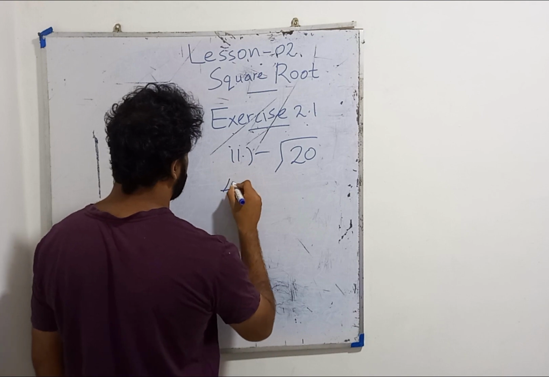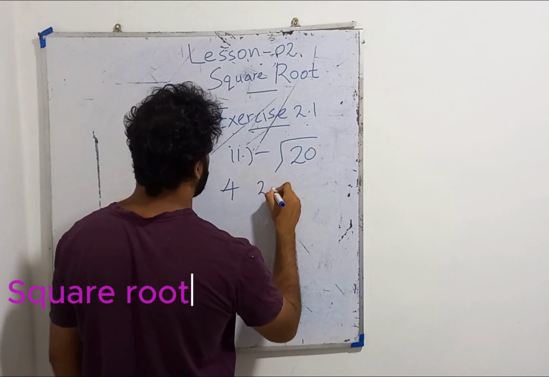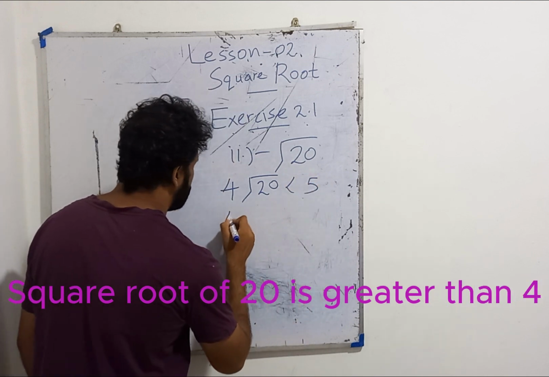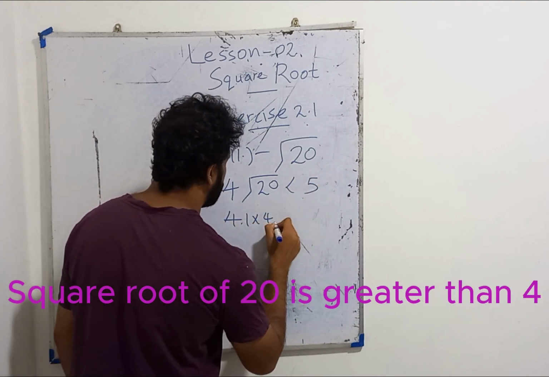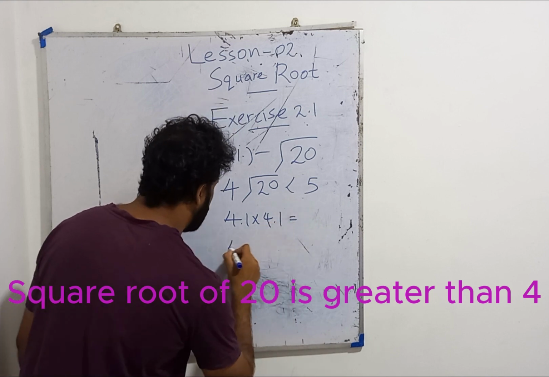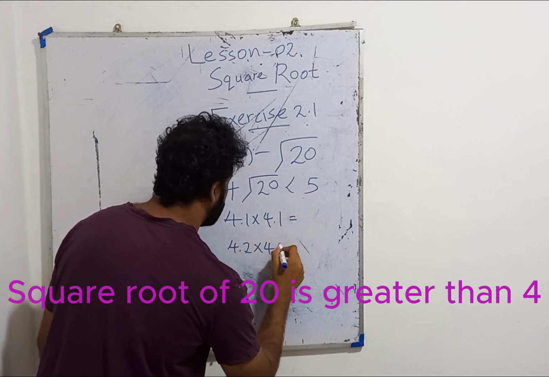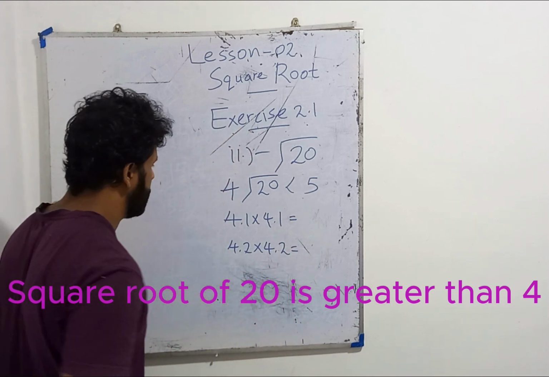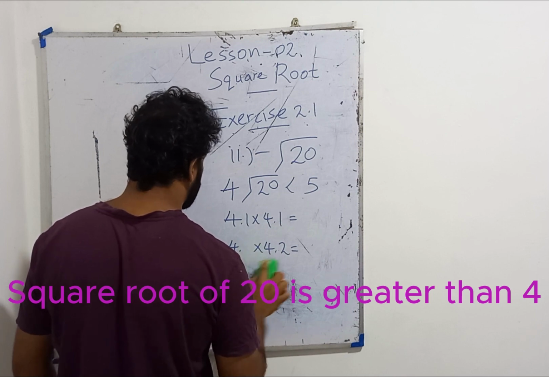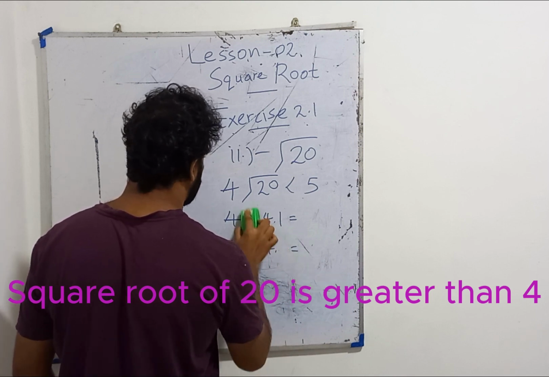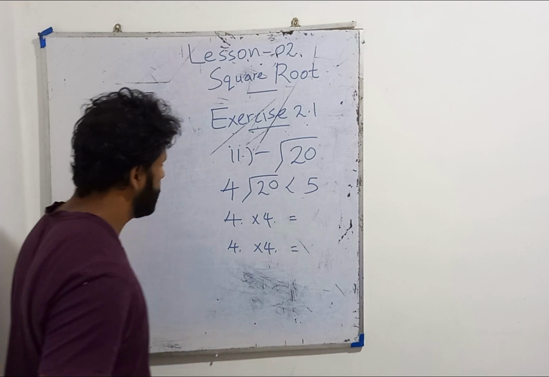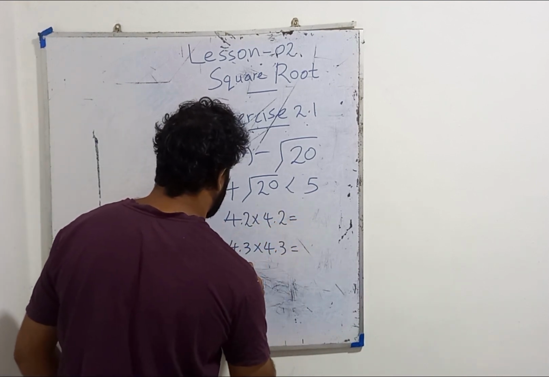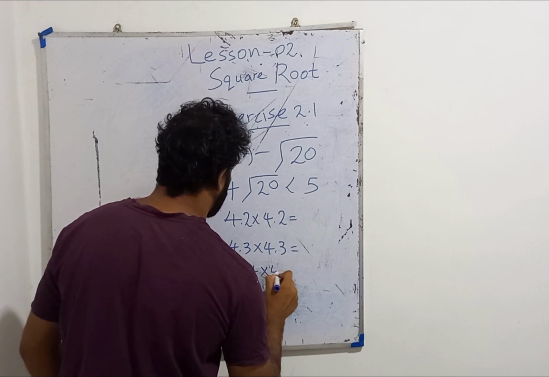After 4.2, square root of 20: 4.1 into 4.1, 4.2 into 4.2, 4.3 into 4.3, 4.4 into 4.4.